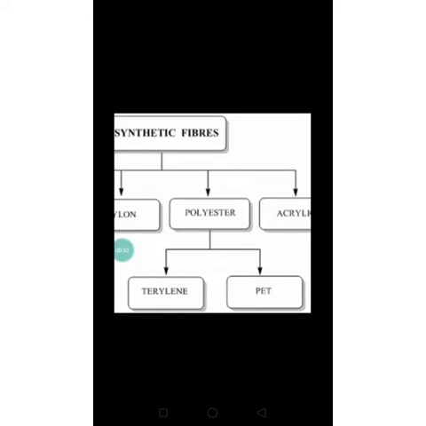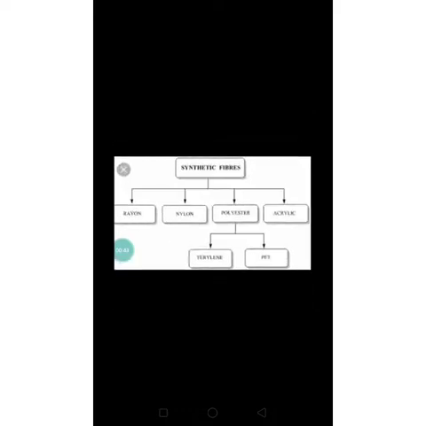Polyester can also be divided into two main categories, that is styrene and PET. The full form of PET is polyethylene terephthalate. So let us discuss these varieties one by one.